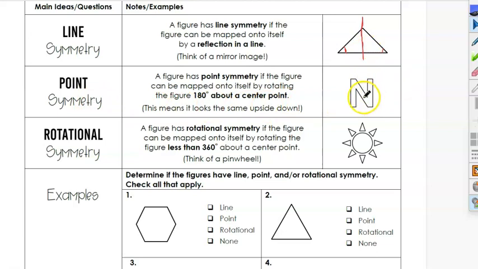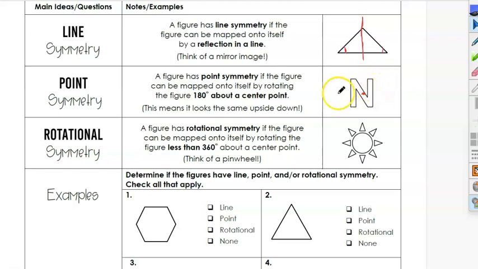So with point symmetry, there will be a center point, okay? So some point right in the middle that you would actually spin this around or turn, the word rotate, as we've talked about before, 180 degrees. So basically, if we went all the way around, if we made a circle, that's 360 degrees.